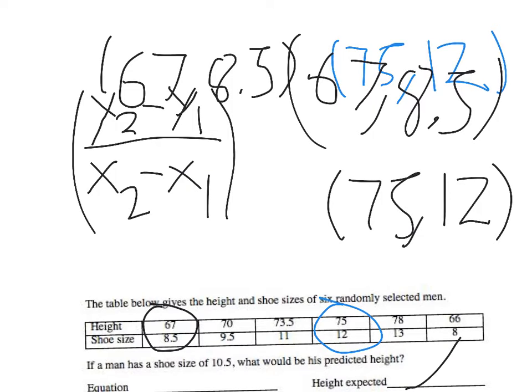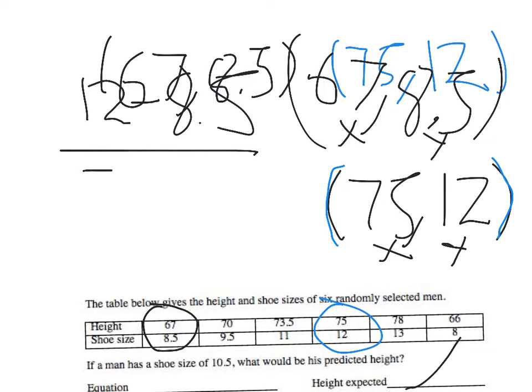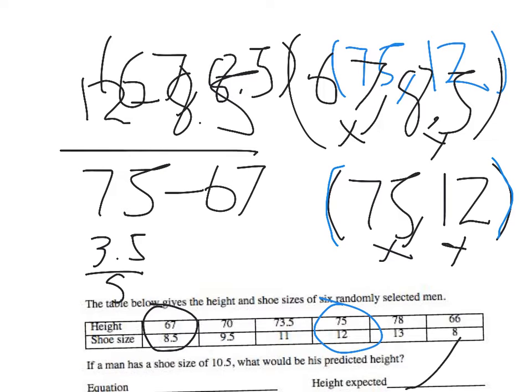Let's actually put blue. Alright, so let's write this out as an equation. We'll do 12 minus 8.5 over 75 minus 67. Then, once you subtract those two, you're going to get 3.5 over 8.